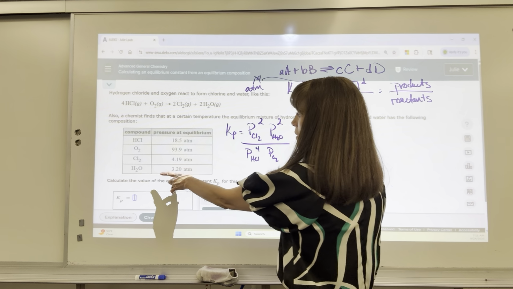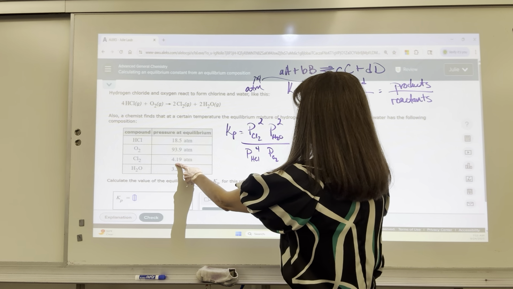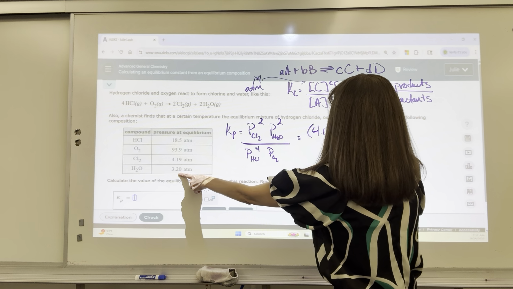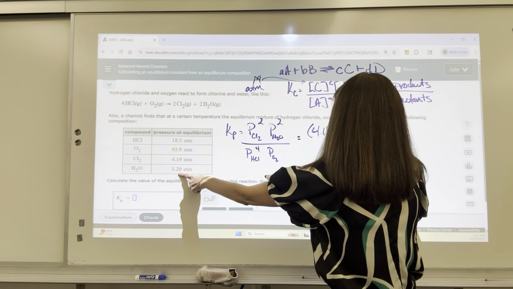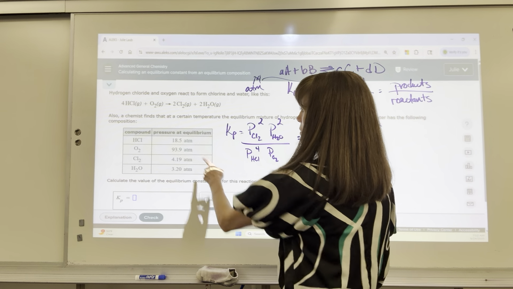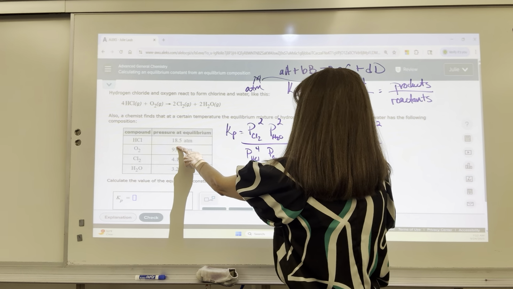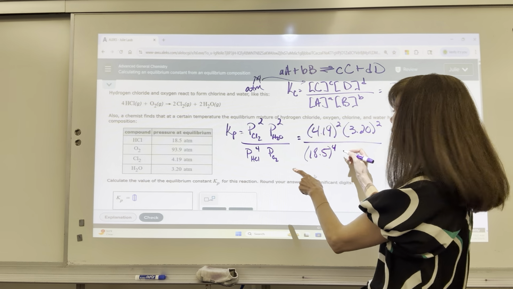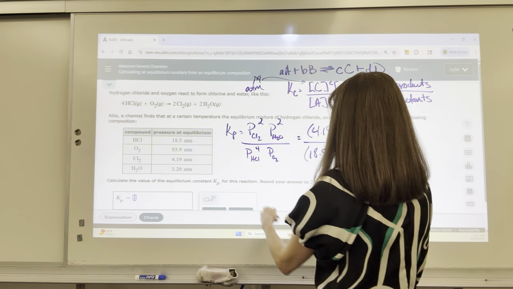Kp is going to be, my Cl2 is 4.19, that's the partial pressure squared, times H2O, 3.20 squared, divided by the HCl right here, 18.5, and that was, wow, to the fourth power. And then we have a huge number for oxygen.